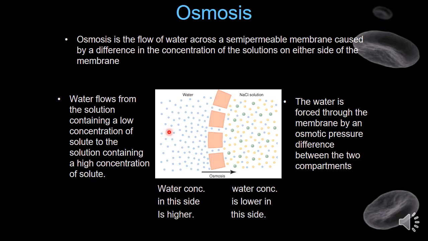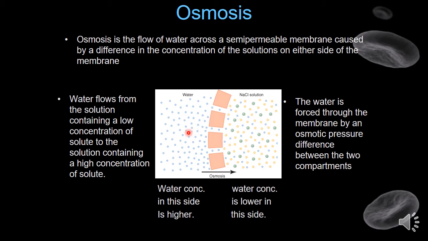Here the solute concentration is low, and here the concentration of the solute is more, sodium chloride here more. These are big molecules of sodium chloride. So you can see water is moving from low solute concentration to a high solute concentration.